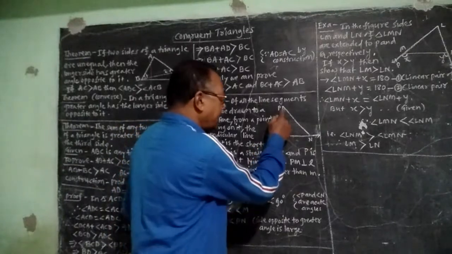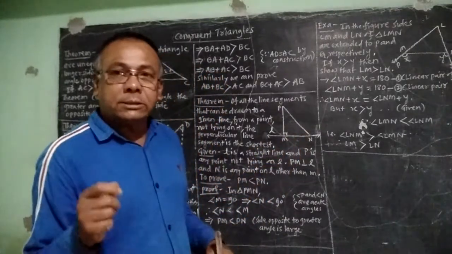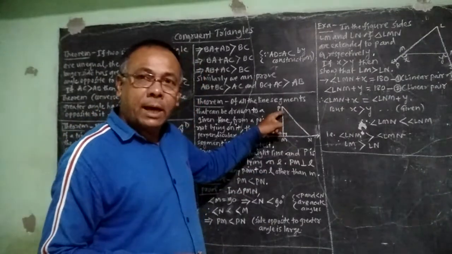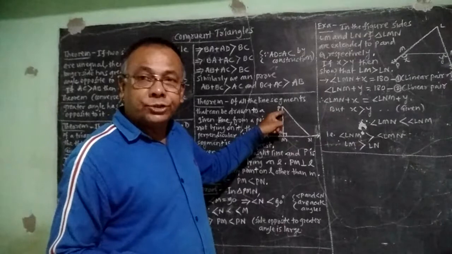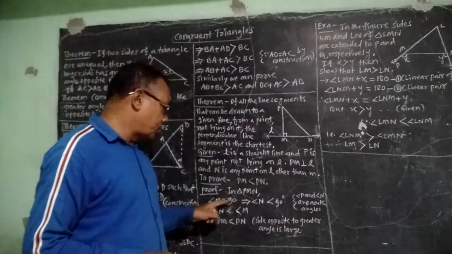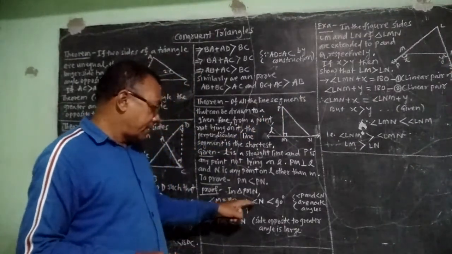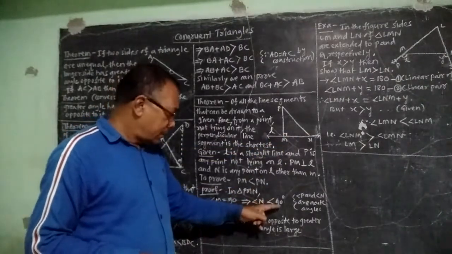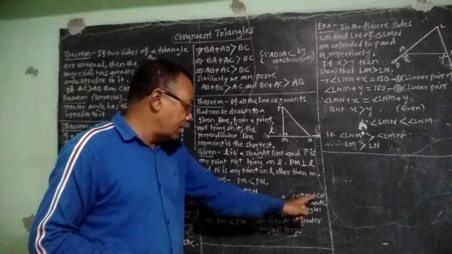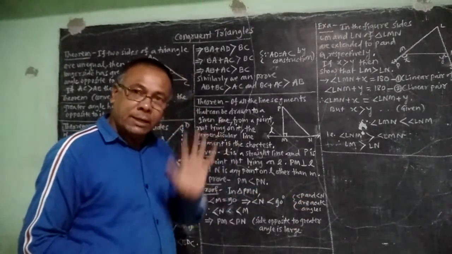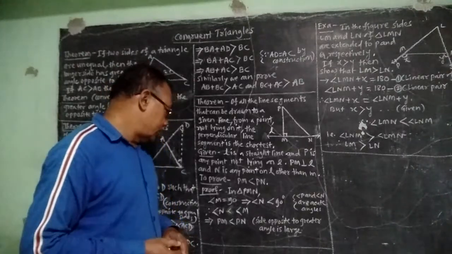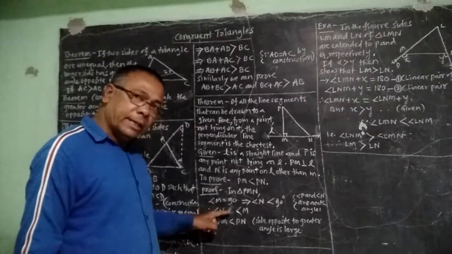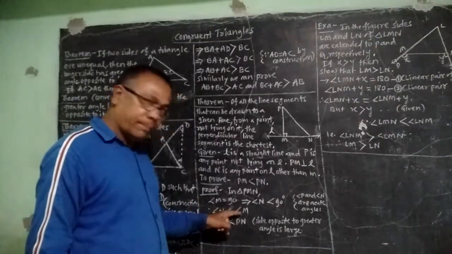Here angle P and angle N are both acute angles, so angle N and angle P are each less than 90 degrees. Angle N is less than 90 degrees because P and N are acute angles of the right angle triangle PMN. So angle N is less than angle M.